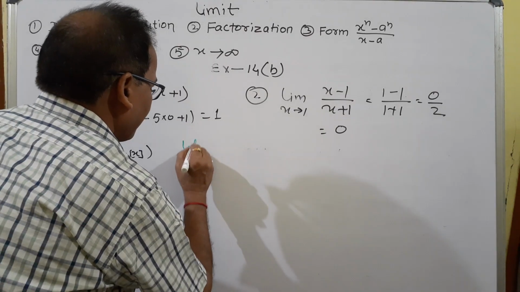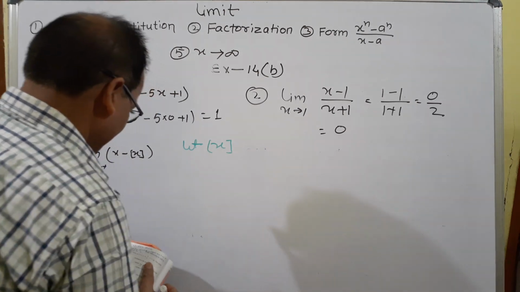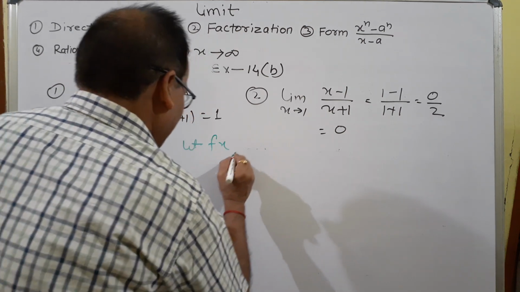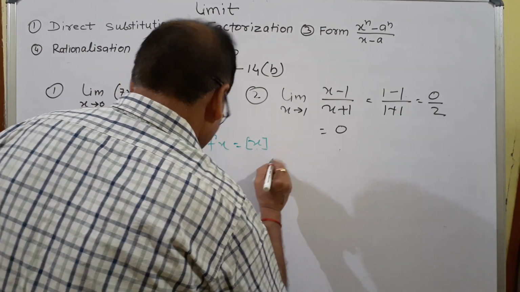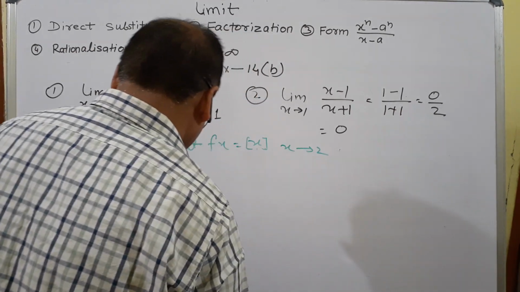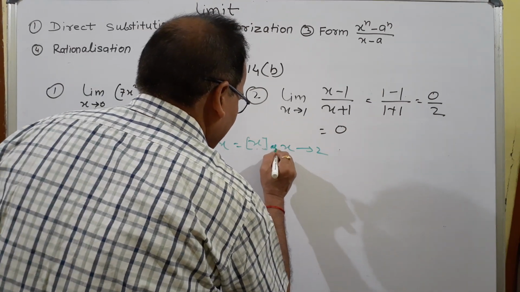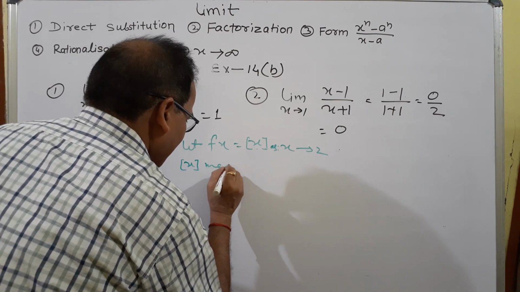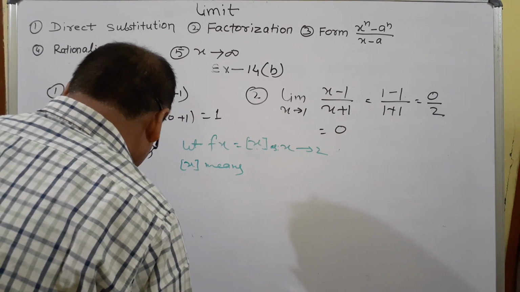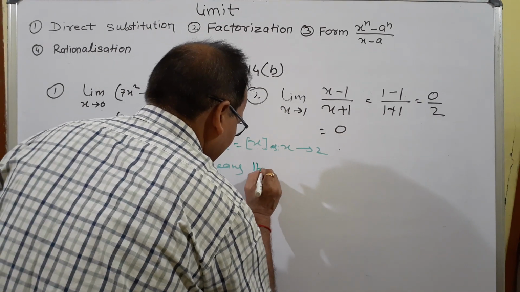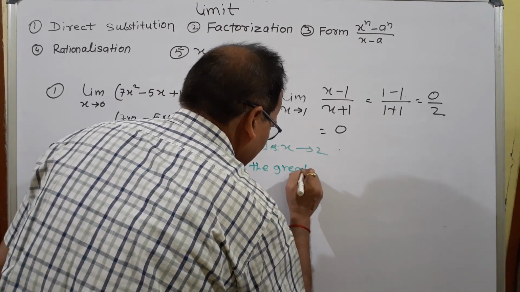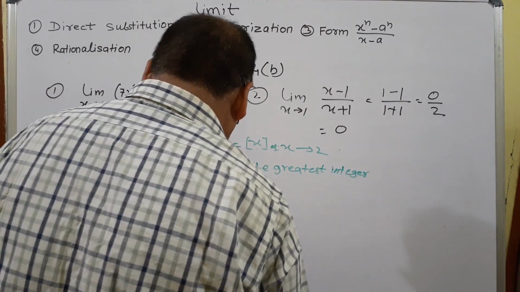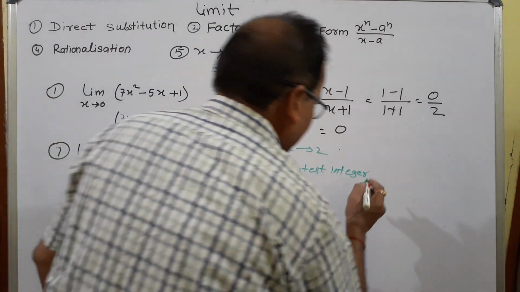Let f(x) be equal to the integer part of x. As x tends to 2, then the integer part of x means the greatest integer less than or equal to x.